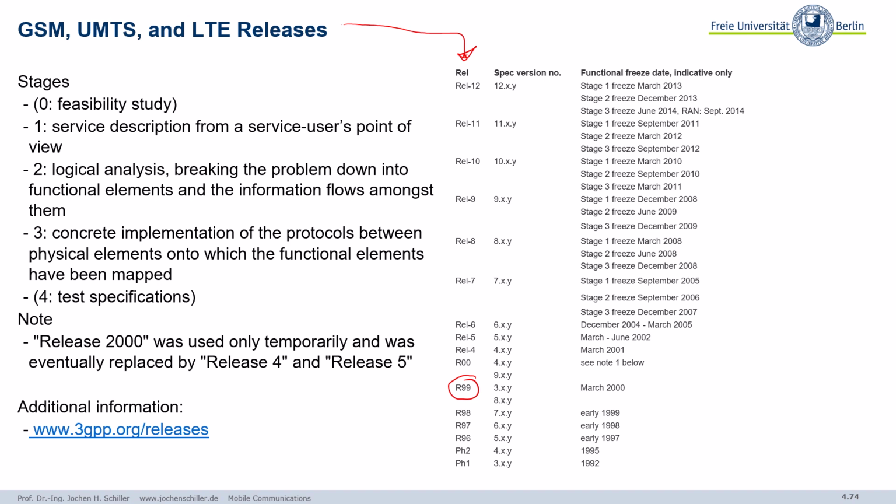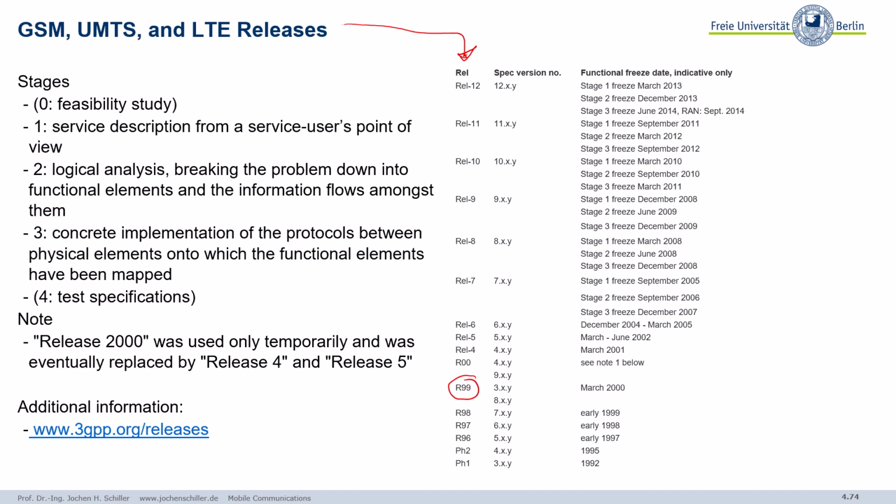So around the year 2000, they switched from counting the years to counting releases, and the releases are now more or less independent of the years. So we do not have a new release each year, but rather a new release each time you really have something fundamentally new. By looking at the standards, you have to keep this in mind.